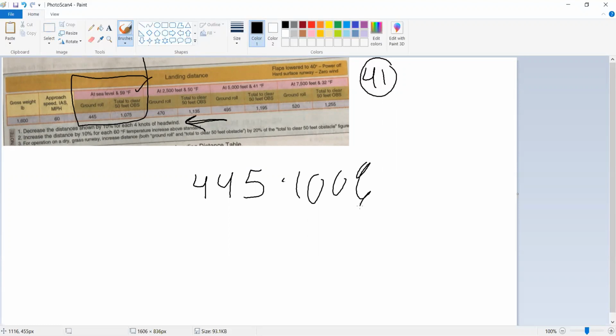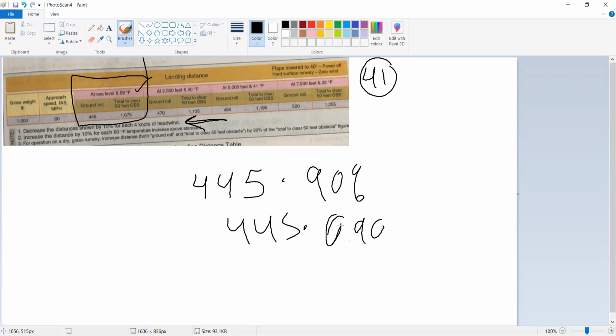So 100 minus 10% gives us 90%. So now, when we multiply that, or 445 times 0.90, we get 401 feet. And that is our answer.